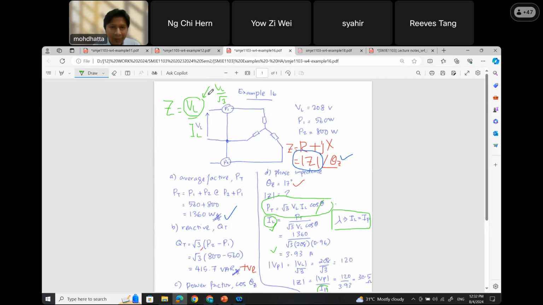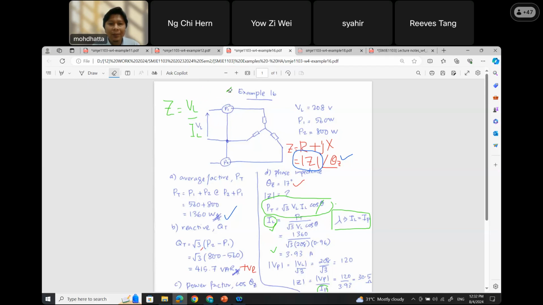Use V line divided by square root of 3, divided by IL, then it makes sense because this is a phase quantity and also this is a phase quantity, provided that this is the star connected load.